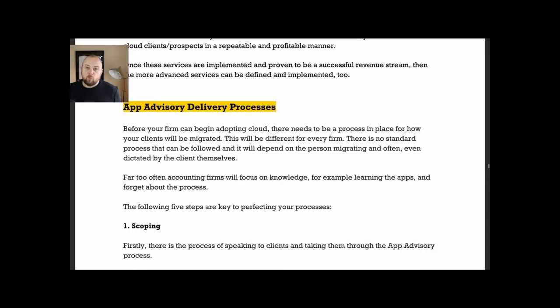Actually, you want to know what the app solves and the problems that the app solves, but then in order to implement an app, there needs to be a service and a process and understanding of commercialization, and whether the commercialization is going to increase the efficiency of the firm or whether it's going to bring some revenue in. So ultimately, knowledge is good, but it's not the only thing that's needed. So we certainly need processes underneath services.